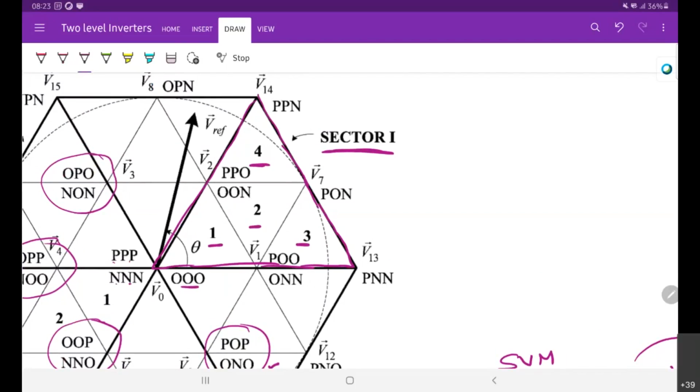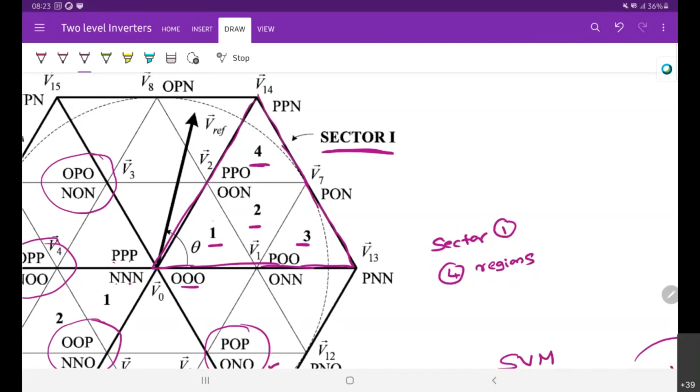So we have sector 1, and inside that there are 4 regions: region 1, region 2, region 3, and region 4.